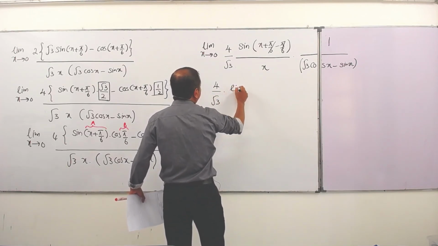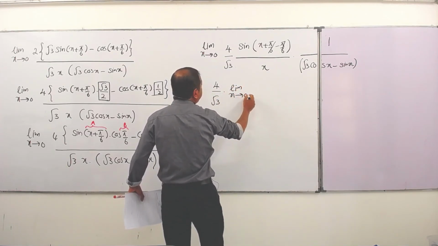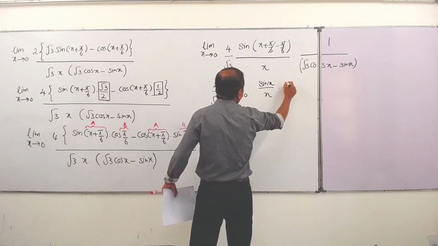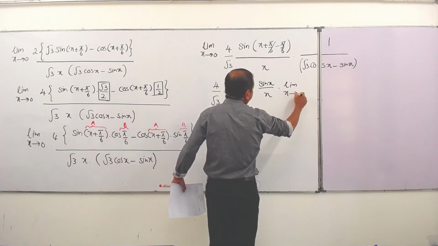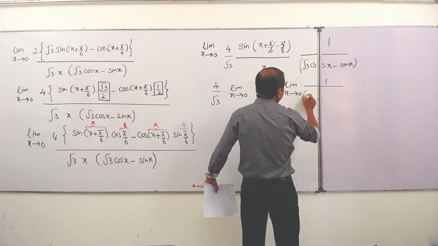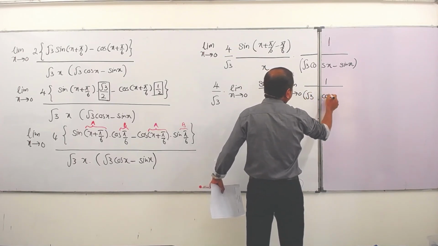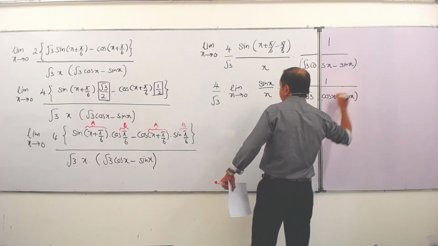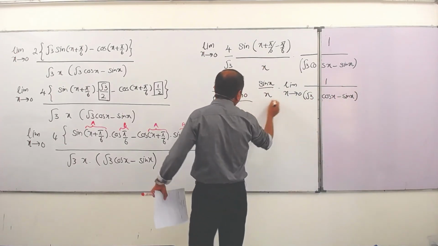The limit x going to 0 we can apply separately. This is sin x by x, limit x going to 0, which is 1.